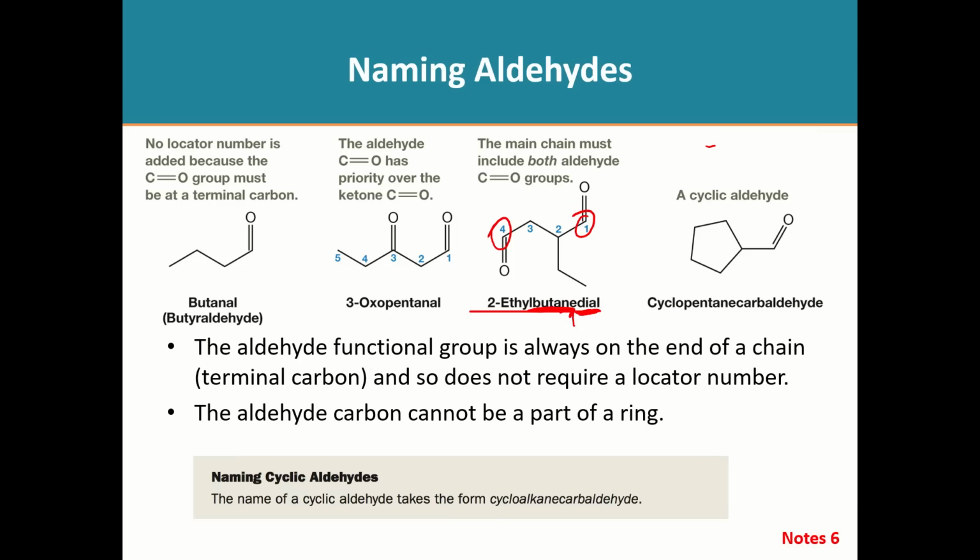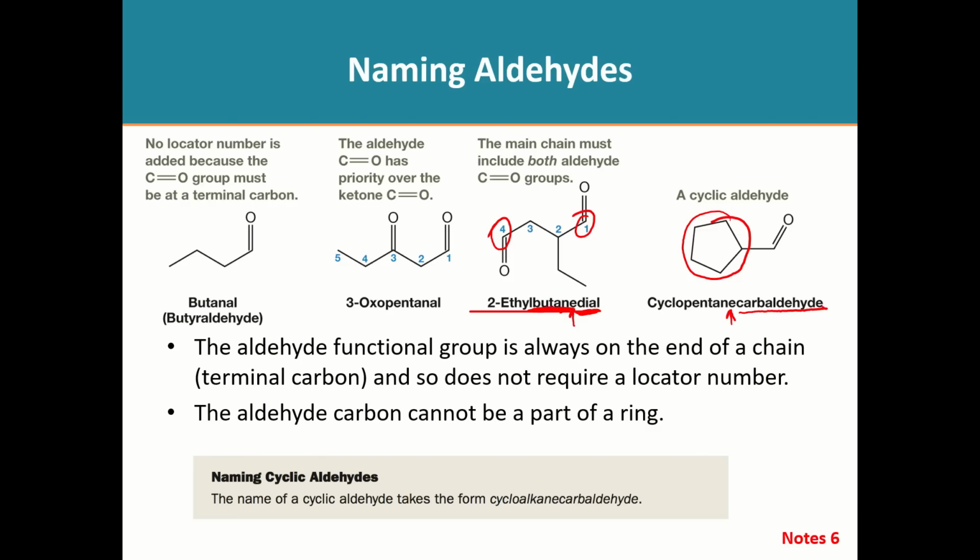Now, if you get a cyclic aldehyde, it has a very special name that you just have to remember. So there's the root, the cyclopentane. See that we keep the E. The E is retained when it's cyclic. And then we just go cyclopentane carbaldehyde.